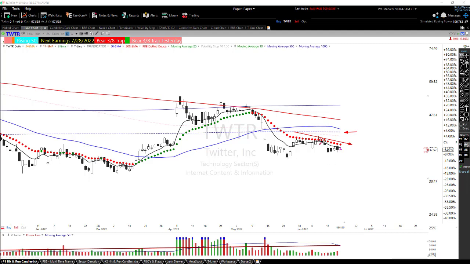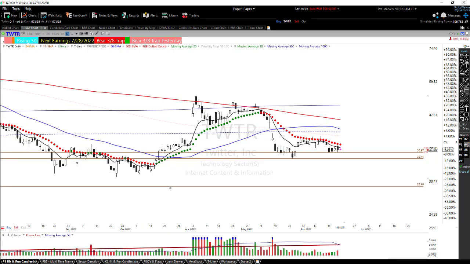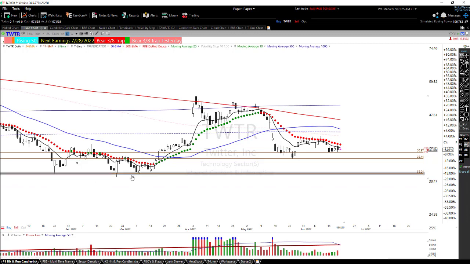In fact, if you look at this right there, that's just a bear flag setting up. And it looks like this morning pre-market a little weakness. So ultimately on Twitter, first thing we'd have to do is get below this 36, and we'll call it 37, then below 35, and all that is a trade right there. Then we can attack this supporting level down here at 32.